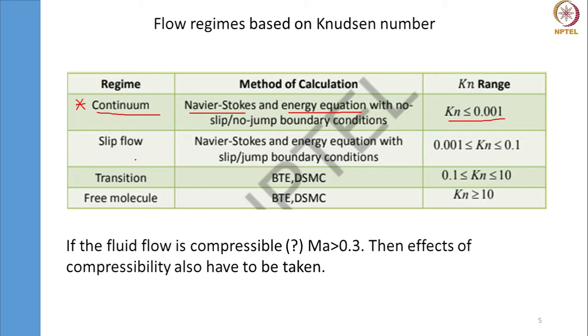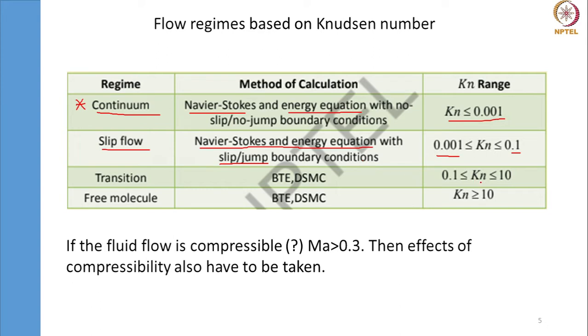In the case of slip flow, which occurs when the Knudsen number is between 10 power minus 3 and 0.1, we can still apply Navier-Stokes equation and energy equation considering slip boundary conditions and jump boundary conditions.